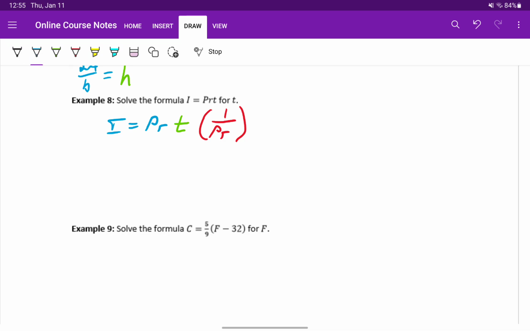Essentially, we're doing the same thing, just in one quicker step. And that's going to give us I over p times r is equal to t.